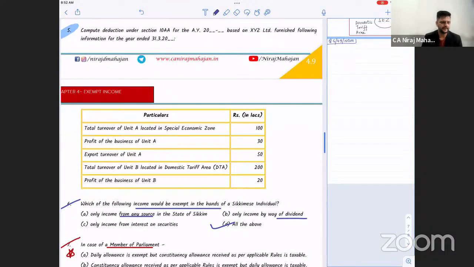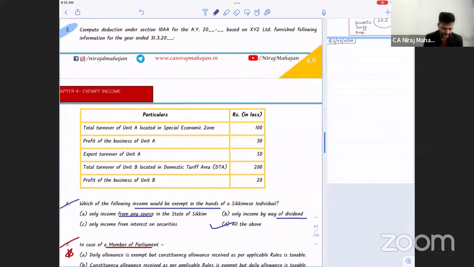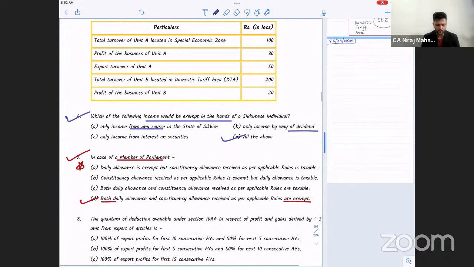Compute deduction under section 10AA for AY 23-24. XYZ Limited furnishes the following data for the year ended 31/3/23. Check particulars in rupees and lakhs. Total turnover of unit A, which is located in SEZ, is 100. Profit of business of unit A, 30. Export turnover of unit A, 50.